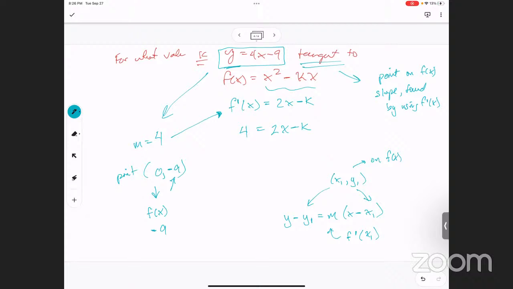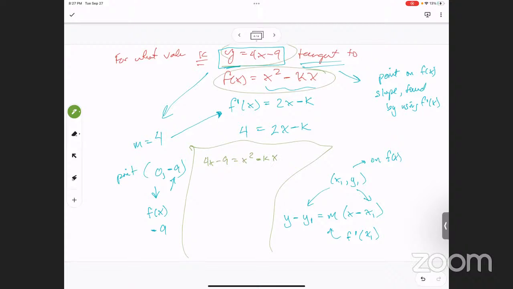Okay, yeah. So here's what I think I might need to do. I'm going to change colors for this little segue. I think what I'm trying to do is find out where this intersects with this, because the tangent line point is on that equation and on this function. So 4x minus 9 equals x squared minus kx.